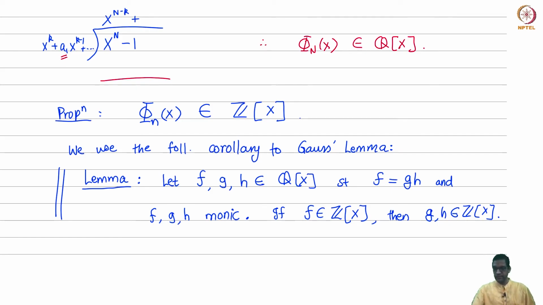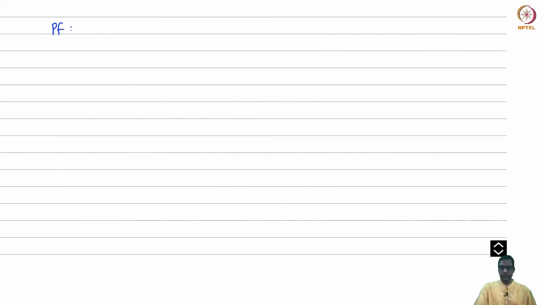Now how does that help us in this case of phi n? Well, again, this is by induction. So let's complete the proof of this proposition. We don't even really need induction here.